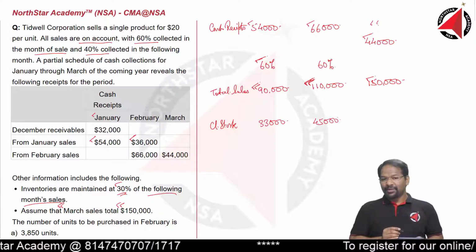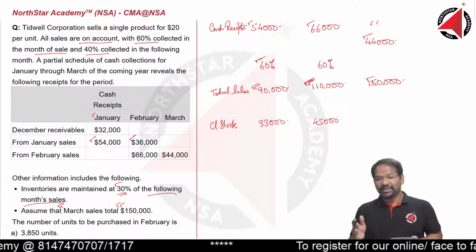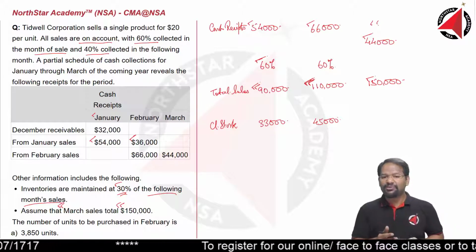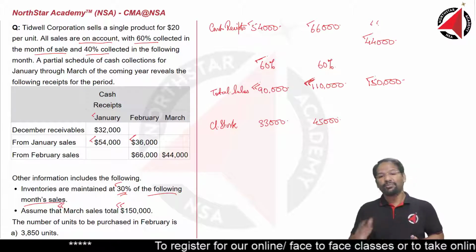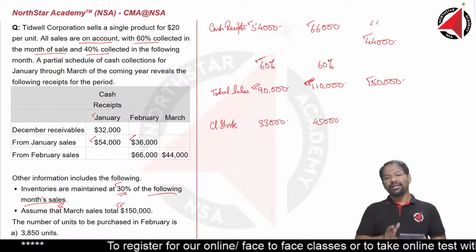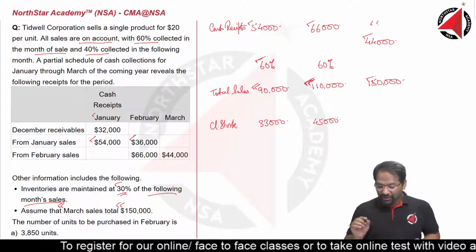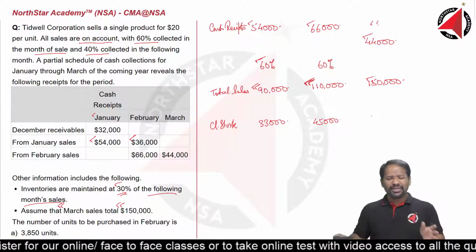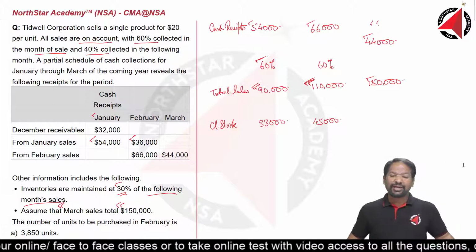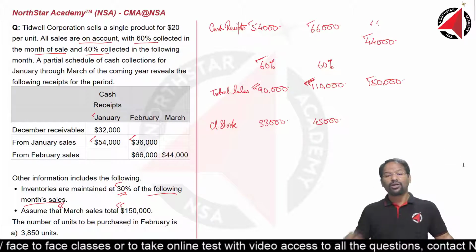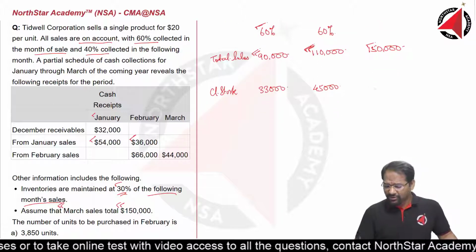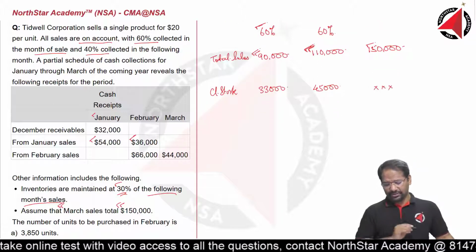Remember, 30% of March sales will be manufactured in February, but it will not be sold in February; it is manufactured for March, so for February it will be closing stock. Similarly, can we calculate the closing stock for March? We cannot, and we do not need it, because we do not know the April sales.